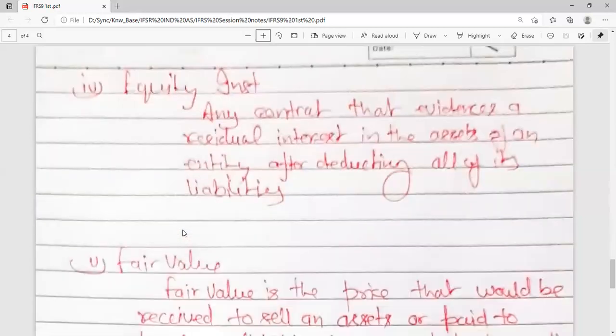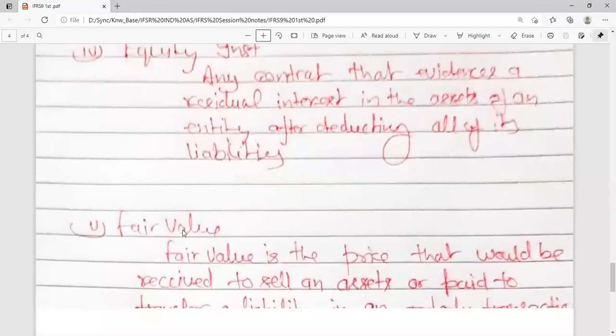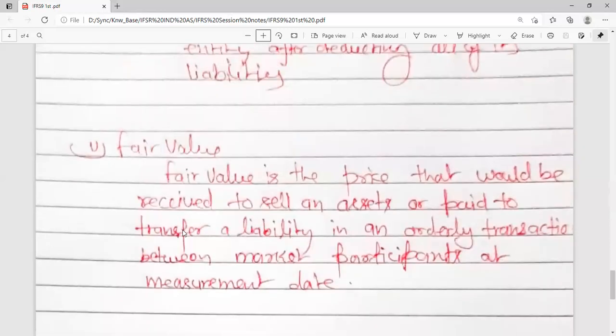And the next definition is for equity instrument. These are self-explanatory, nothing specific in this. Any contract that evidences a residual interest in the assets of an entity after deducting all of its liabilities. So everyone knows equity is the residual interest in the assets of an entity. And fair value is the same, a self-explanatory definition.